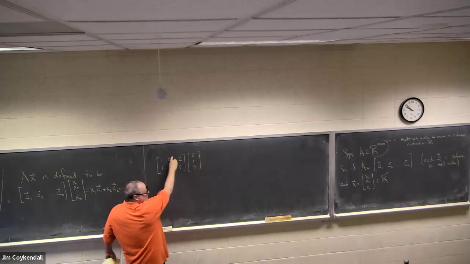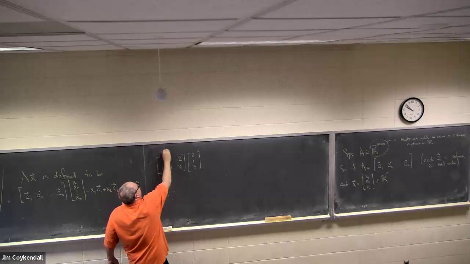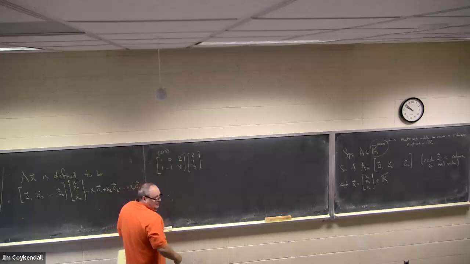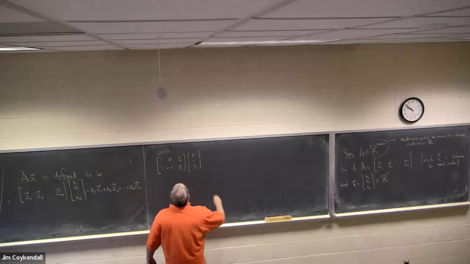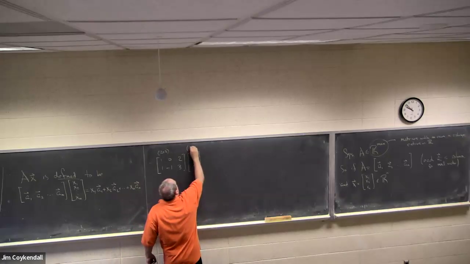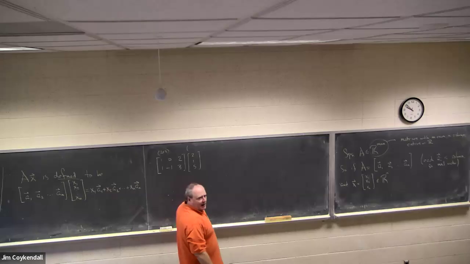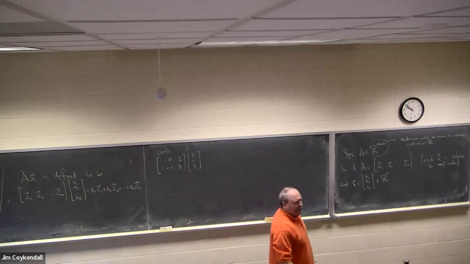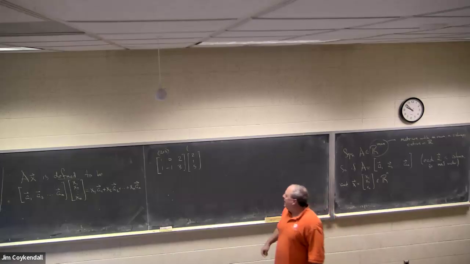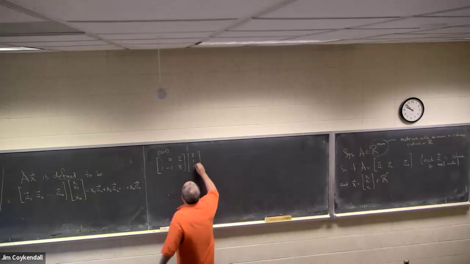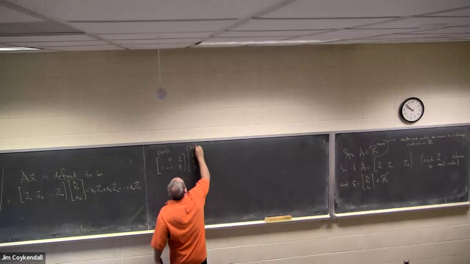Notice this matrix is 2 by 3, 2 rows by 3 columns, right? This vector here, how many rows does the vector have? 3. It's got 3 and only 1 column, right? So this is 3 by 1.